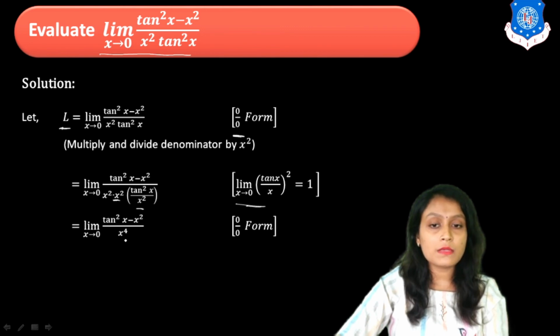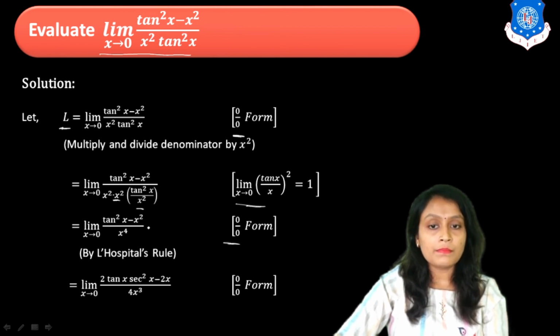Now if you substitute x equals 0, you will get the form 0 by 0. So we have to apply L'Hopital's rule. On applying L'Hopital's rule, firstly we have to take the derivative of tan square x. So its derivative is 2 tan x into sec square x minus 2x upon 4x cube.